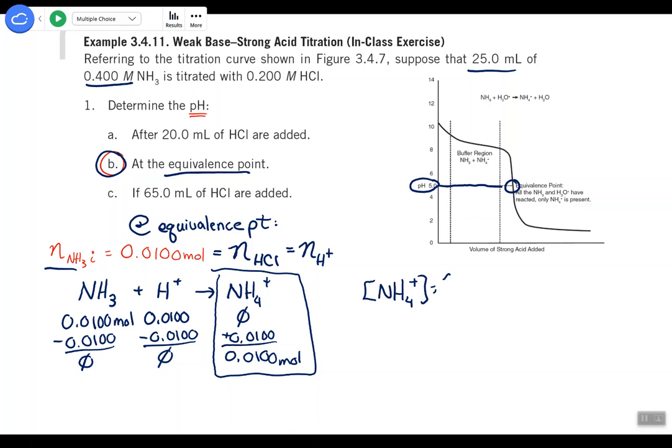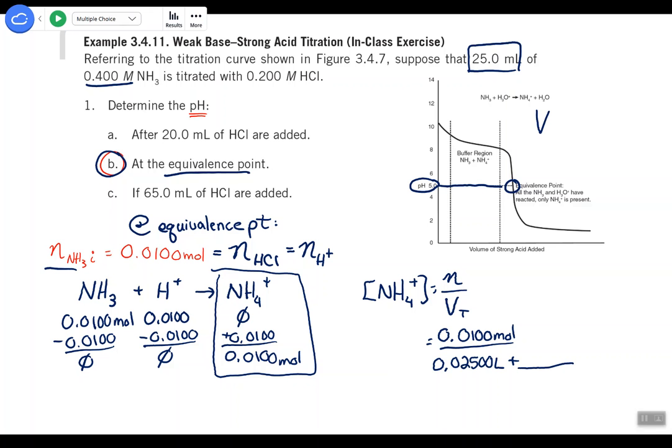Concentration is number of moles over total volume. I know the number of moles that I've produced because we just calculated that based on the stoichiometry. The total volume includes the volume of the weak base that we started with, but it also includes the volume that we needed to add of the hydrochloric acid.